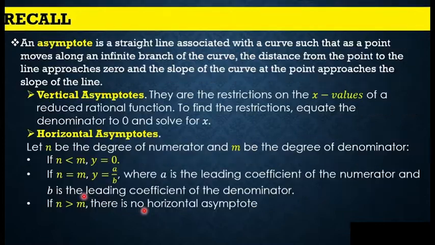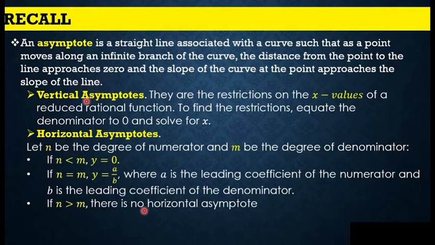Okay, recall, an asymptote is a straight line associated with a curve such that as a point moves along an infinite branch of the curve, the distance from the point to the line approaches 0 and the slope of the curve at the point approaches the slope of the line.